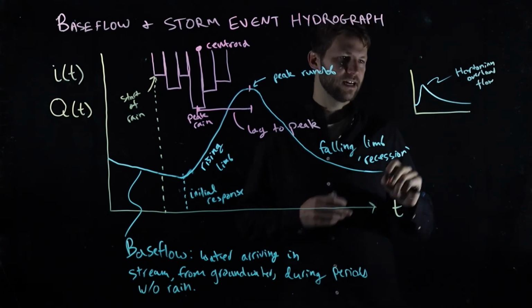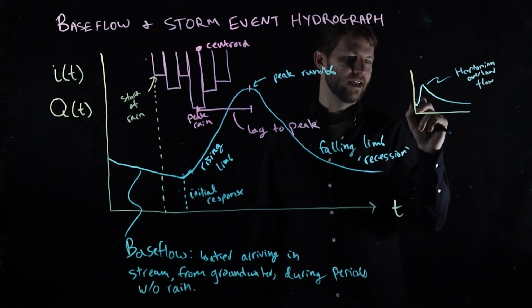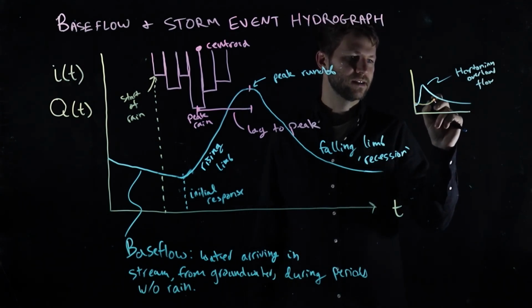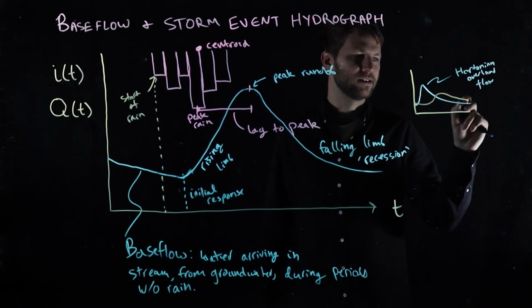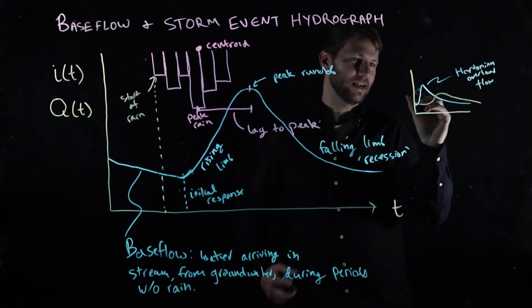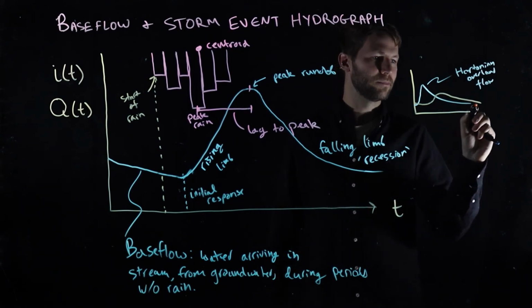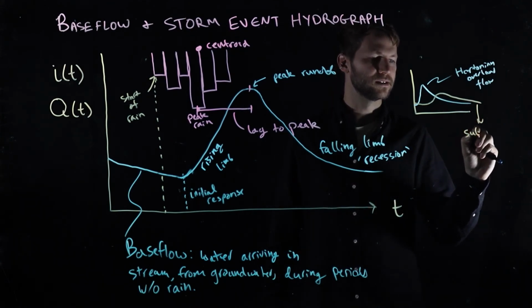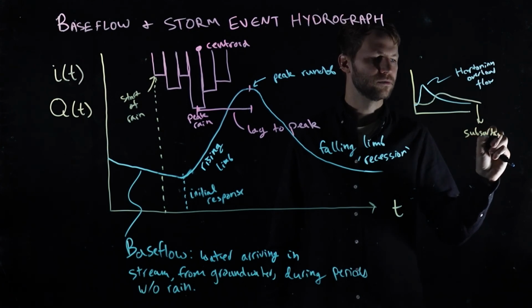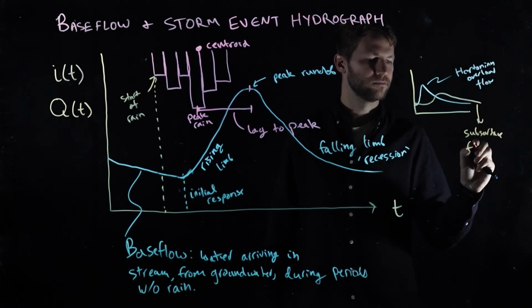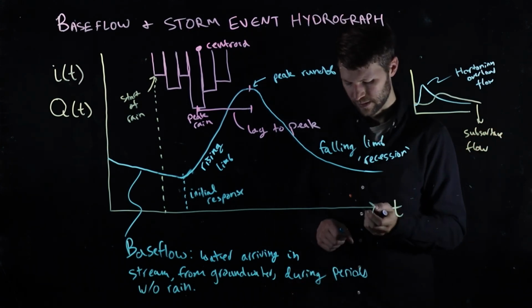And in contrast, others have a much more delayed response and a much more muted hydrograph. So your stream flow is not even going to get to the same peak. So this one might be one of the subsurface groundwater flow runoff generation mechanisms, for example.